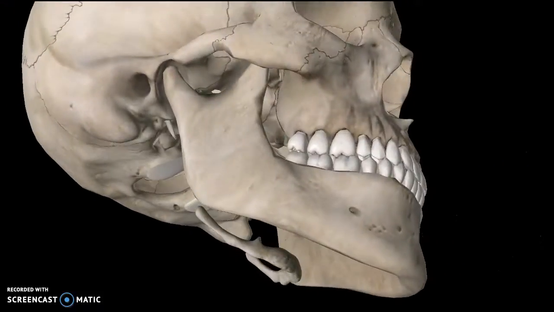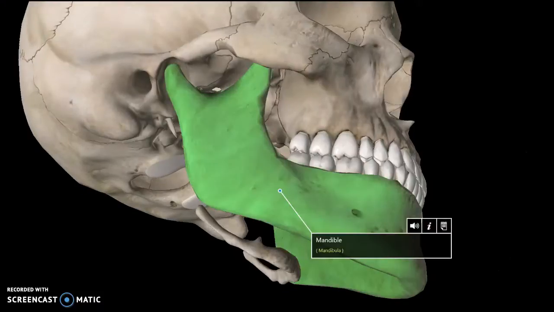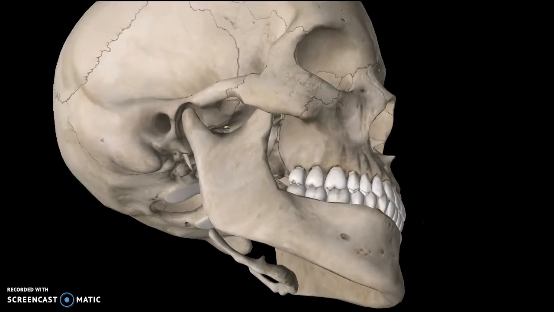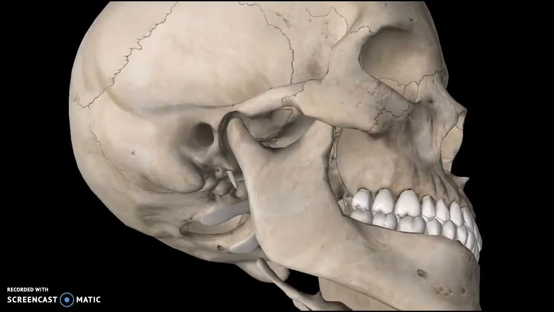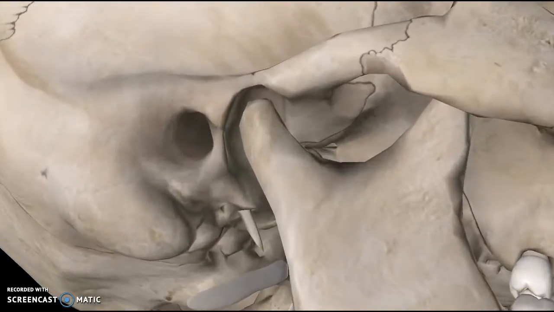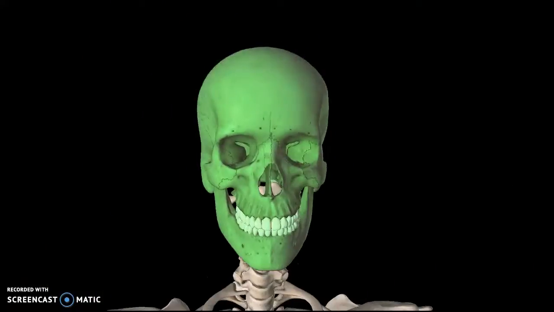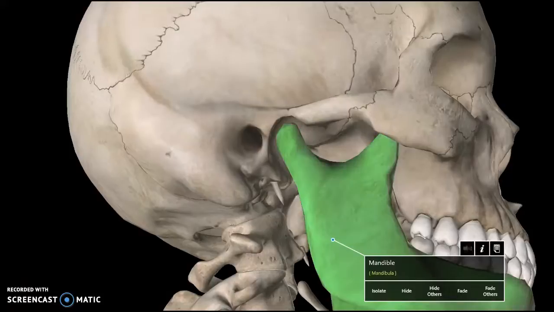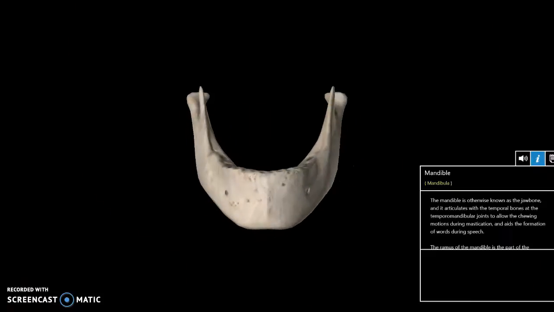And finally, the last structure to talk about in the mandible is the mandibular fossa, and it is this structure right behind the condyle. Maybe if I take out the mandible, you guys can see this better.